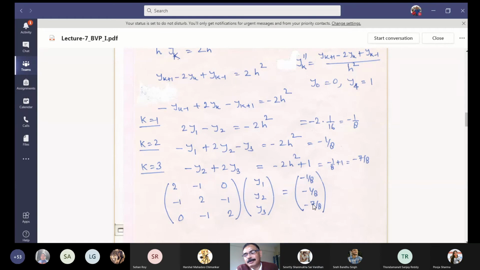Yes. You remember that? And then if you have reduced into upper triangular form, then the last equation will have only one value, one equation in one unknown. Then you have to do the backward substitution, right?